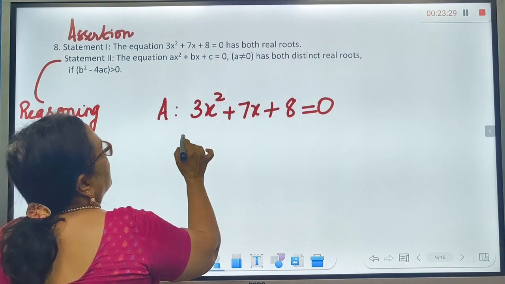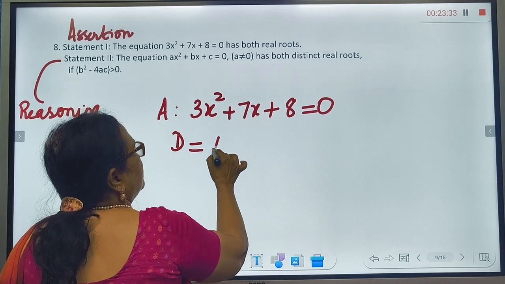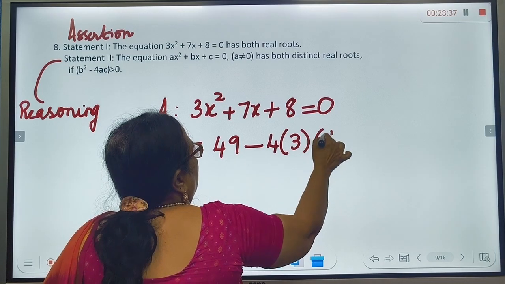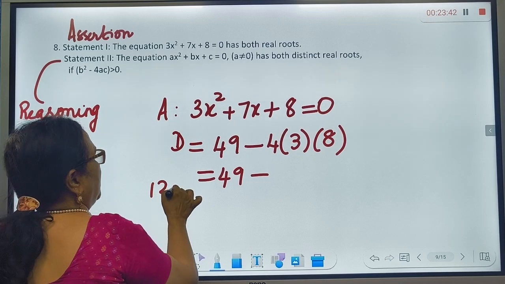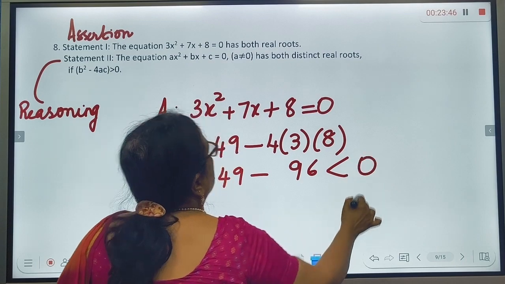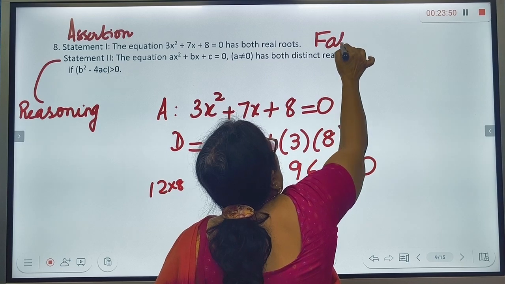What is the discriminant? b square minus 4ac, which is 49 minus 4 into 3 into 8, which is 49 minus 96, which is less than 0. So both real roots is a false statement.